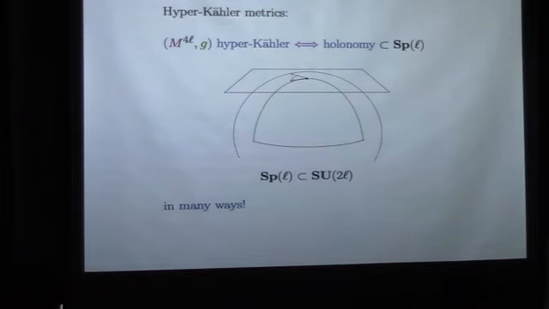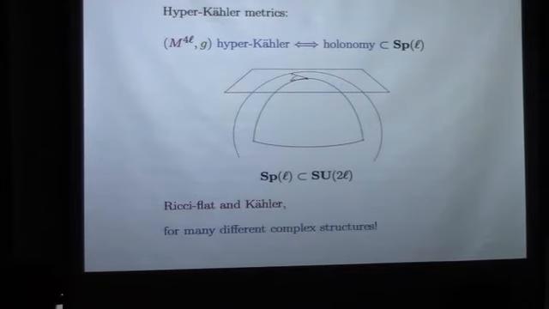If you have something which is quaternionic linear, it commutes with multiplying by i, but also with respect to j and with respect to k. You could permute those and change your mind about which one is i. But anything with this holonomy is also Ricci flat and Kähler.